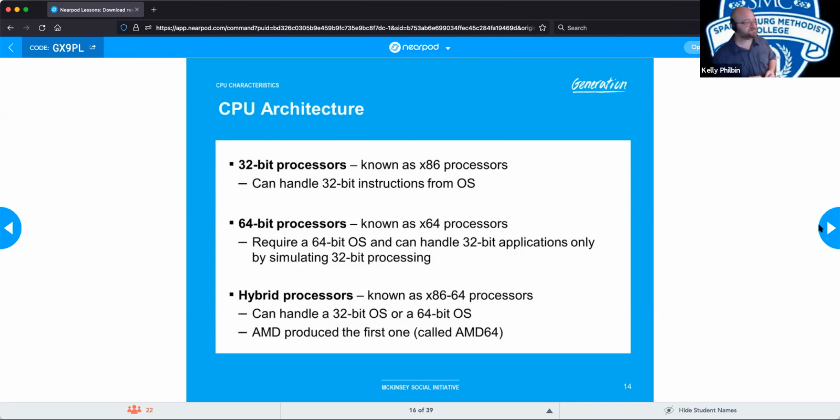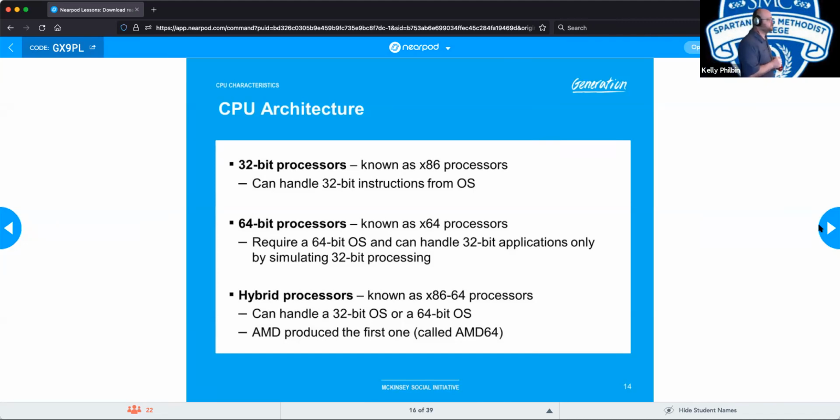So 64-bit processors, also known as x64, require a 64-bit operating system, but can still handle 32-bit applications by simulating them, like in a virtual machine, a 32-bit processing. So it's essentially tricking it or dumbing it down so that it's able to do that.